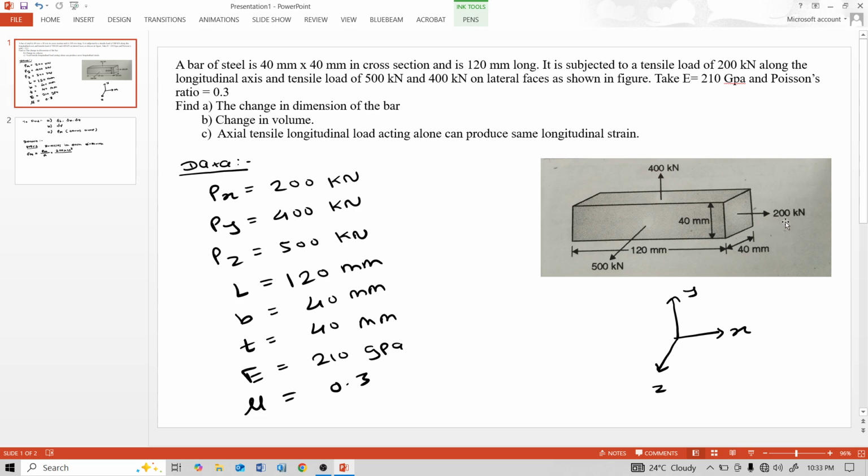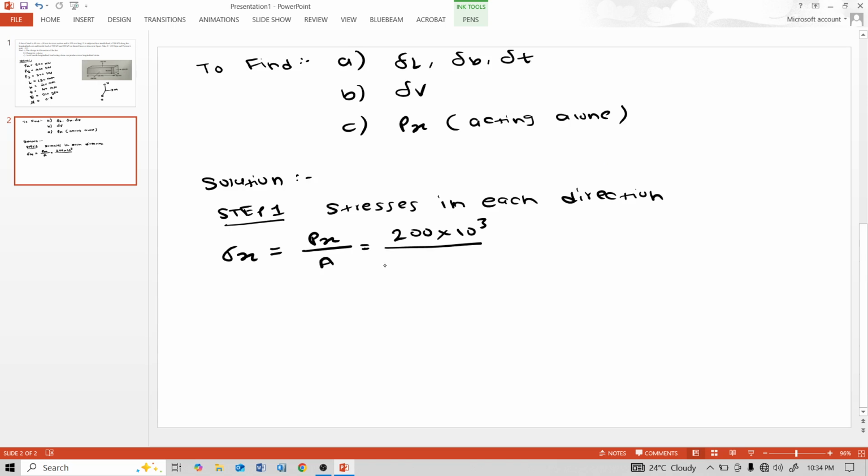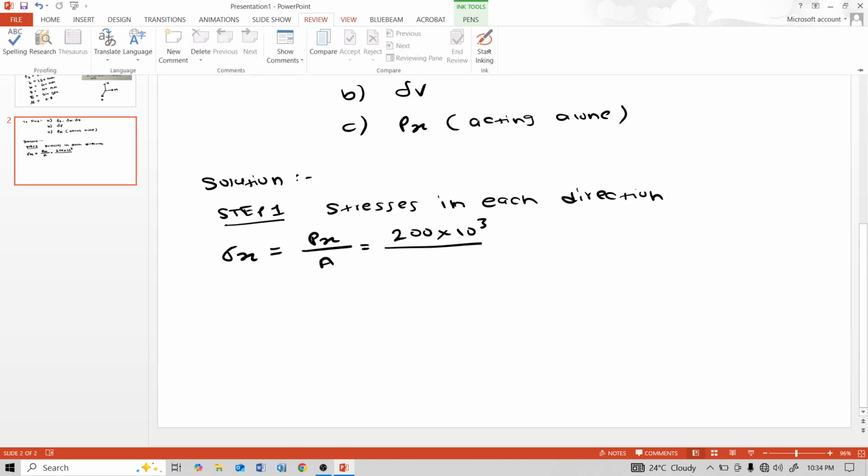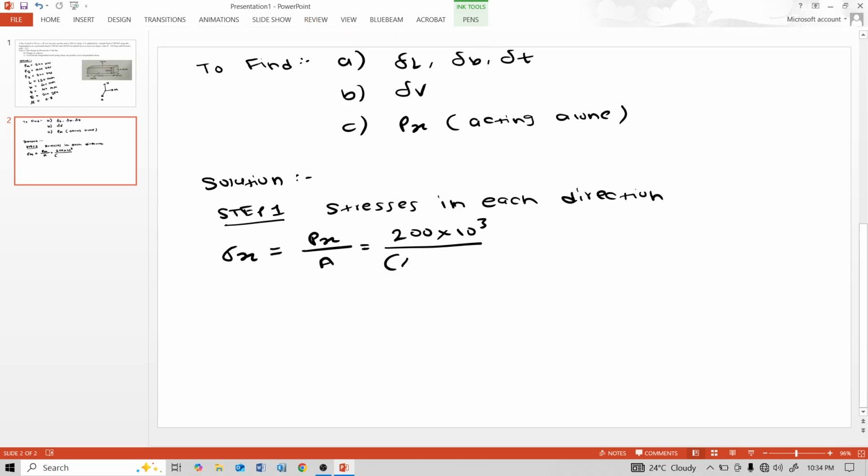This 200 kilonewton load acts on the 40 by 40 mm square cross-sectional area. 200 into 10 raised to 3 divided by 40 into 40 gives 125 MPa.